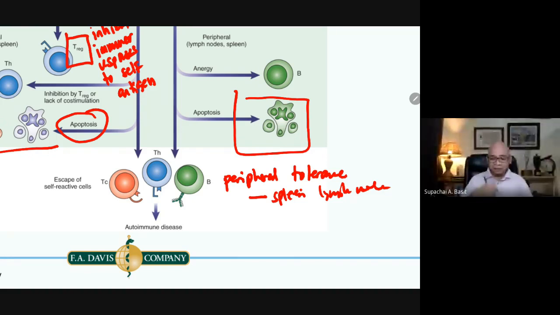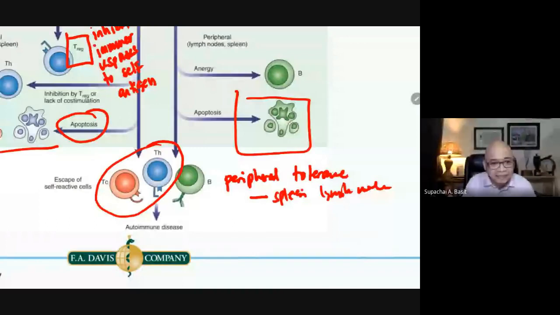So take note, what's the importance of peripheral tolerance? Peripheral tolerance of T cells can result from inhibition by Tregs, lack of co-stimulatory signal from antigen-presenting cells, binding of inhibitory receptors like CTLA4, or death by apoptosis.